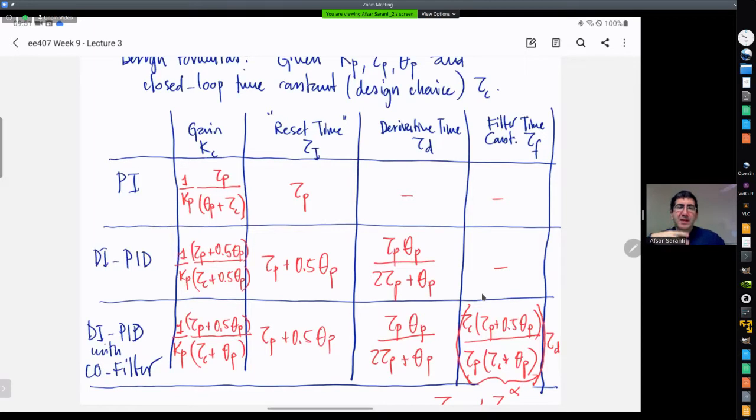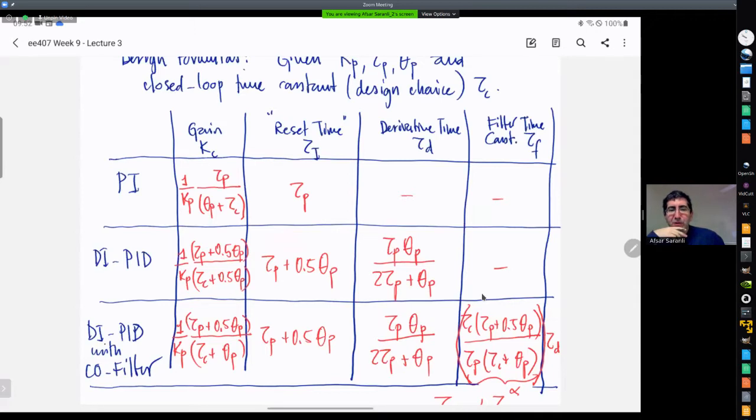Bump test means apply a step input, record the response, and fit a first order plus dead time model to that response. Once you have the model parameters, which are the process gain, the process time constant, and the process time delay, that is Kp, tau p, and theta p.